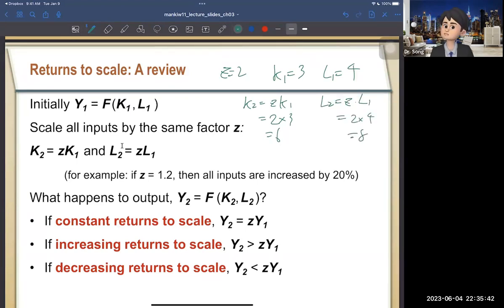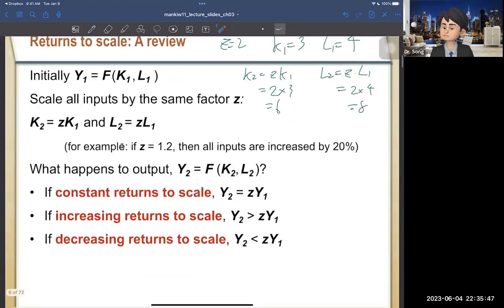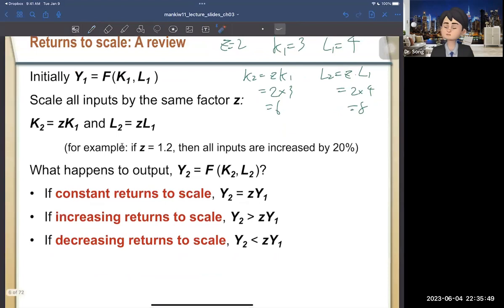So basically, when I put Z equals 2, that means that I doubled my inputs, okay? Then from here, we get to know, when you double the input, if output is also double, then we call it the constant returns to scale. What does it mean? So let's say, same thing, K1 equals 3, L1 equals 4.